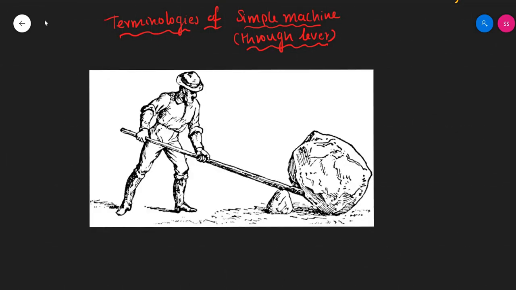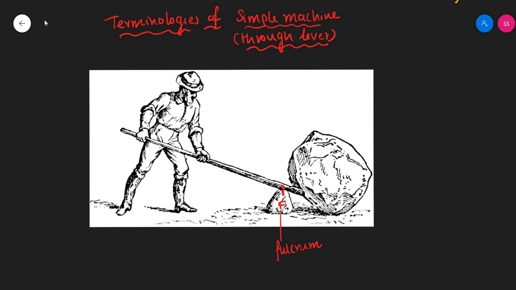This is a very common simple machine, like a crowbar, and here you're using this point. This point is called a fulcrum. A fulcrum is a point where you rest or pivot your tool.